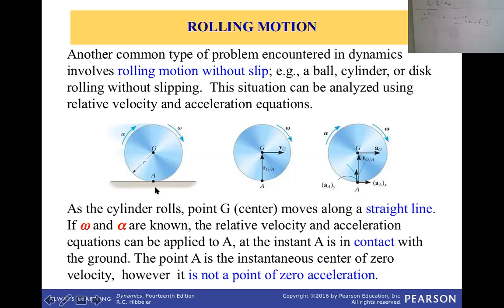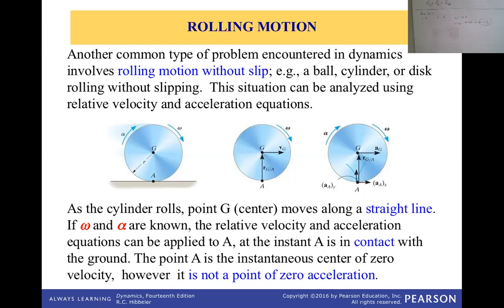And after it just leaves the ground, it should have the velocity going upward. So at that point, you can see that for point A, although its velocity is 0, it should have a non-zero acceleration, which is pointing upward. So in that direction. That's for A.